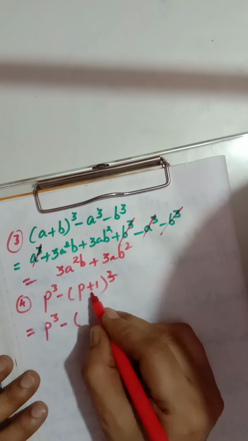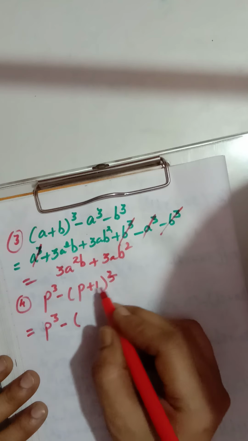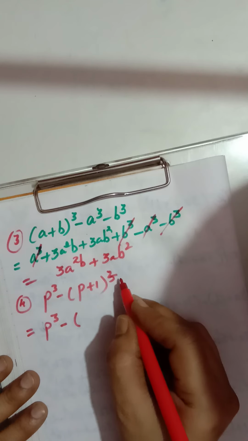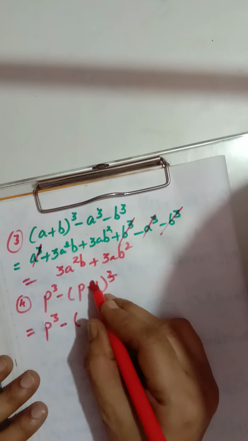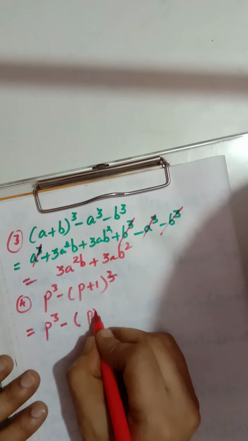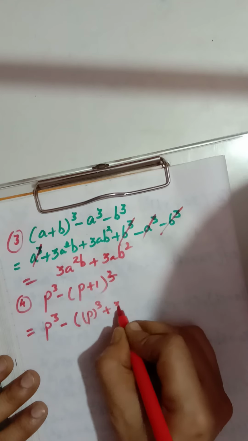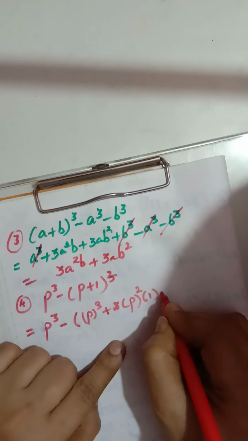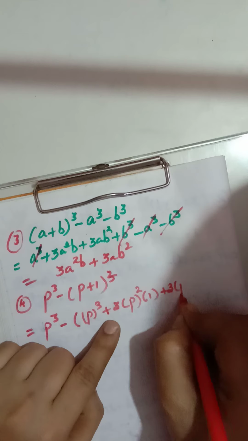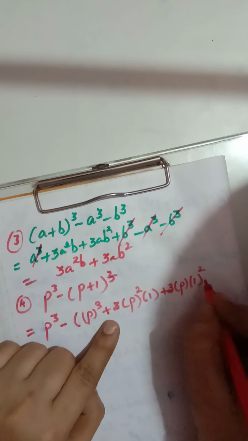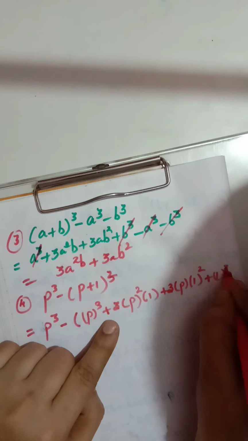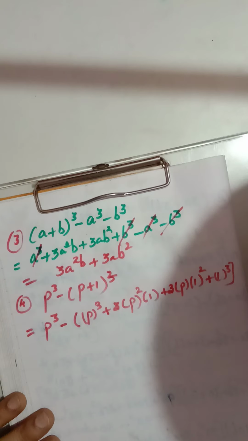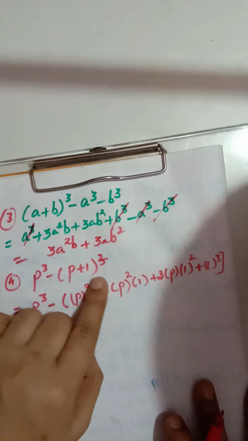As per the formula, the first term is a cube, where a is p, so p cube, plus 3a square b, that means 3 p square into 1, plus 3a b square, that is 3p into 1 square, plus b cube, that is 1 cube. So this is the expansion of the (a plus b) whole cube formula.